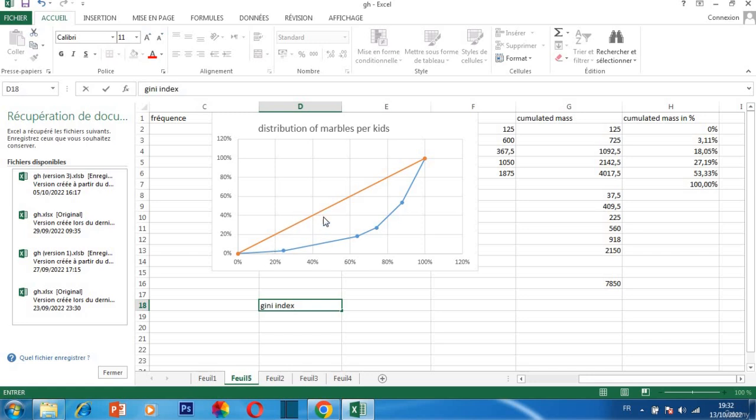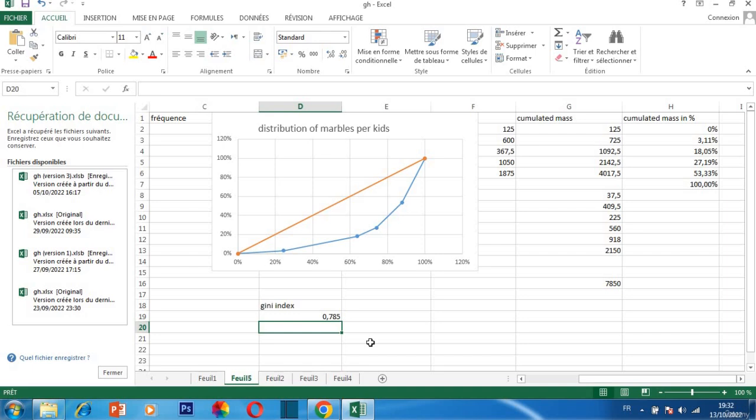It's the surface we calculated now divided by 10,000, which is 100 multiplied by 100 is equal to 10,000, equal to this one multiply by 10,000, equal to 0.7885.